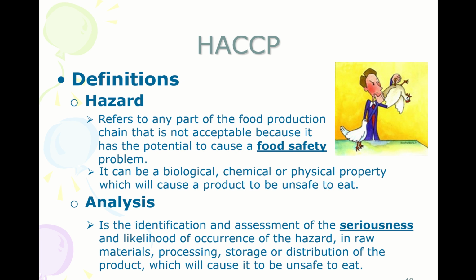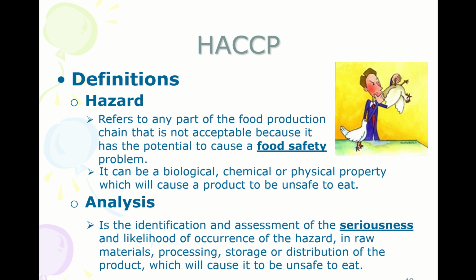But if it's bacteria, it's more serious. Somebody can get sick, and people can die also. So you study how serious your hazard is, and you also identify how often it can occur. Is it very rare or will it always happen? So you identify the hazard, and then how serious it is and how often this hazard can go inside your food product.